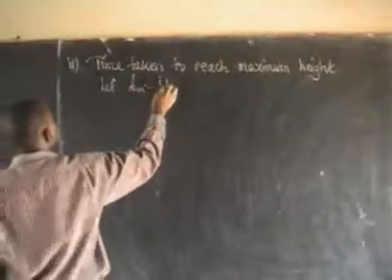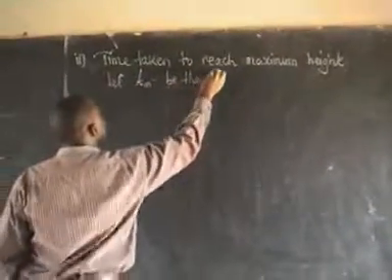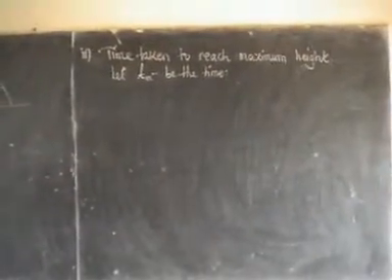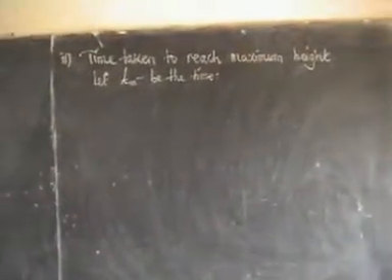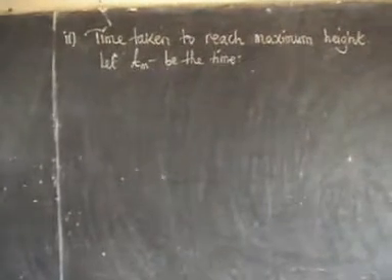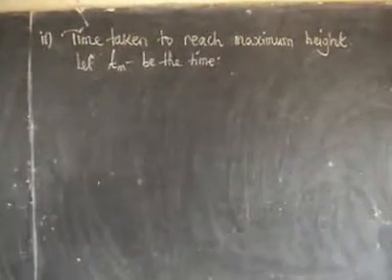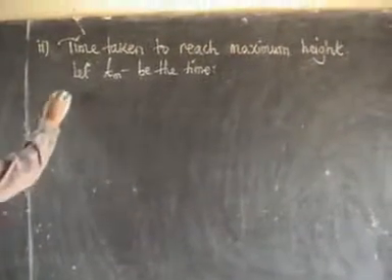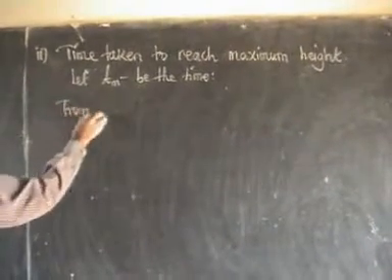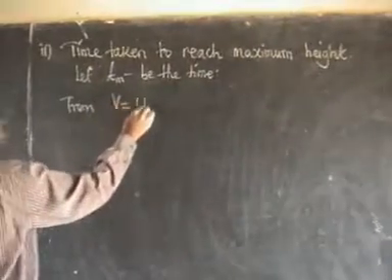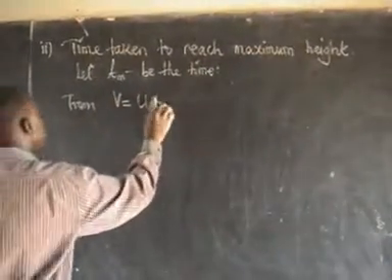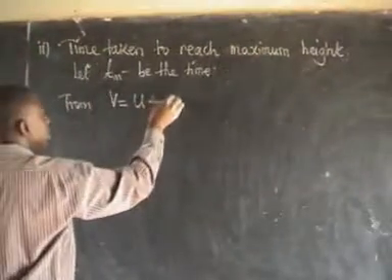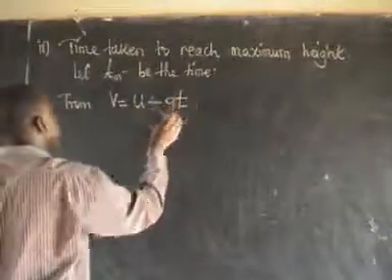Let tm be the time. So we now have to think of an equation that will enable us to calculate the time. So using the first equation, from v is equal to u plus, since it's now projected upward, we are going to use a minus gt.